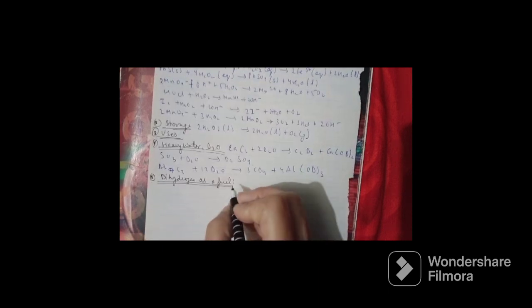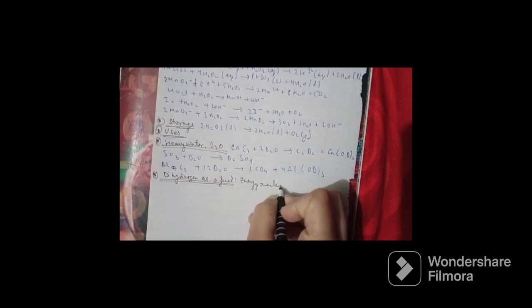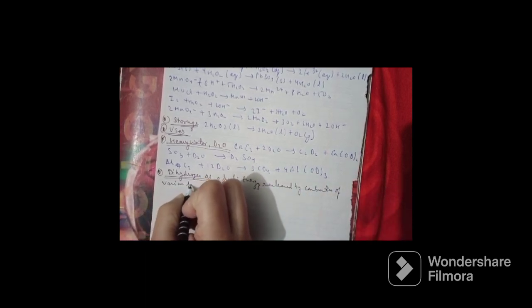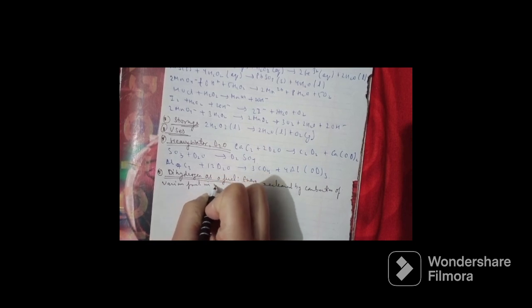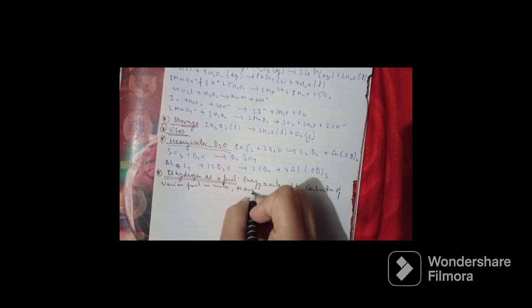Now we talk about the table that we have to discuss here, so we go for it. So the table about the energy released by combustion of various fuels in mole, mass and volume.